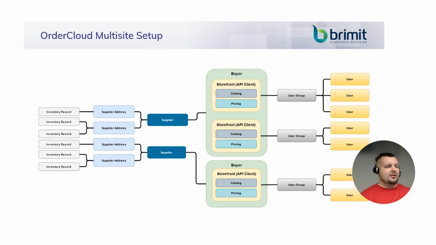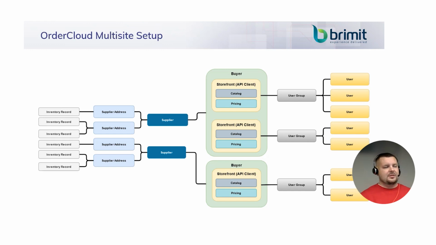Each supplier address, which can be a warehouse or store, has its own inventory. Also, we have users and user groups. Users are grouped into user groups, which are assigned to our products and catalogs.